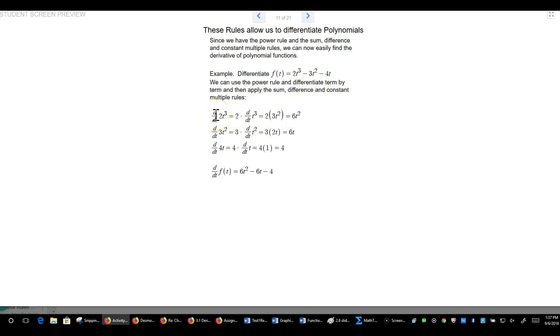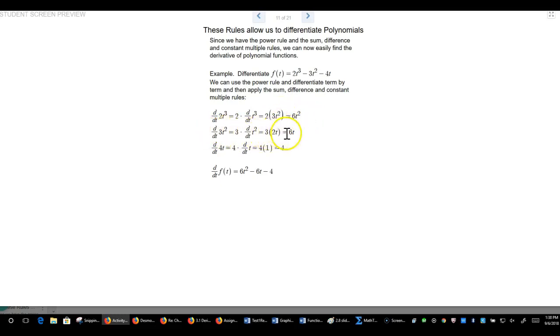So the derivative of 2t cubed is, first I can factor out that 2 by using the constant multiple rule. And then I can take the derivative of just t cubed. Again, I bring down the 3, subtract 1 from the power. And I wind up with 6t squared.